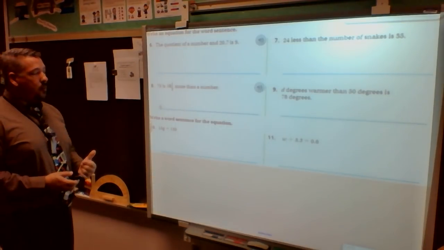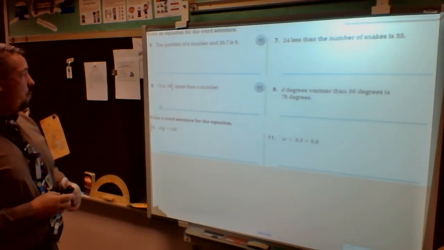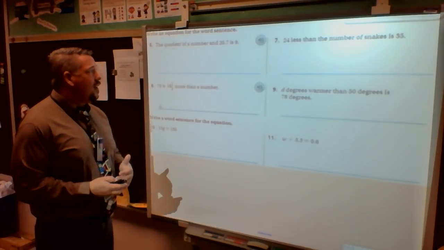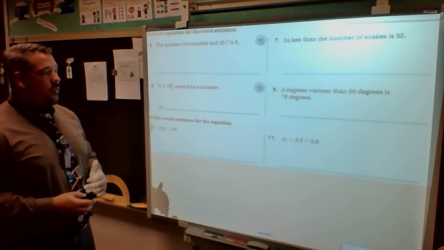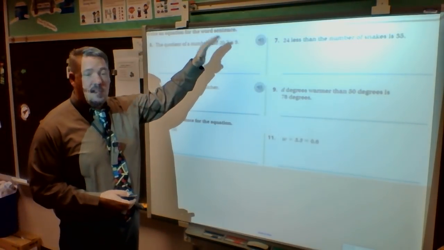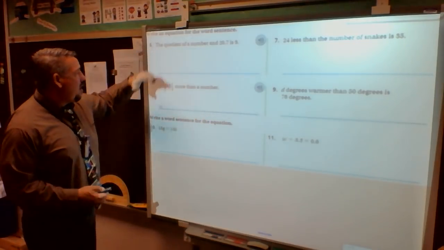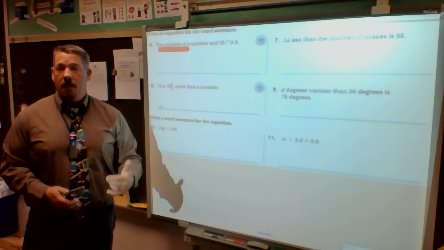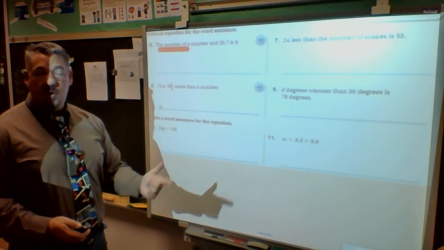So I'm going to finish up with doing these, and then the assignment will be yours. The quotient of a number and 20 7/10 is 9. So I know where my "is" is, that's equal. I look at my keyword, quotient. Quotient is what? Like we said before, it's the answer of division, right?